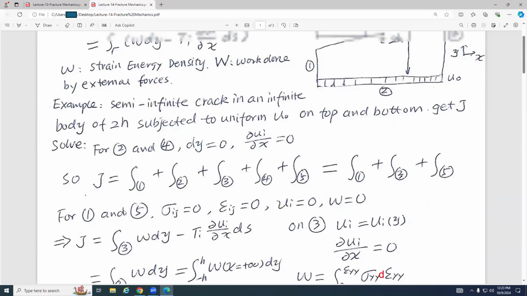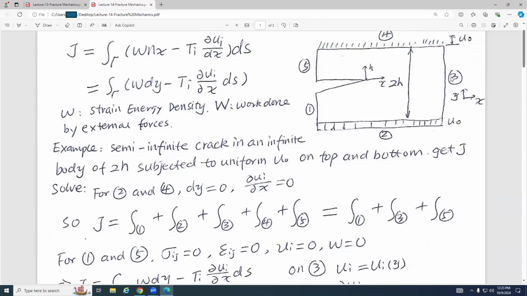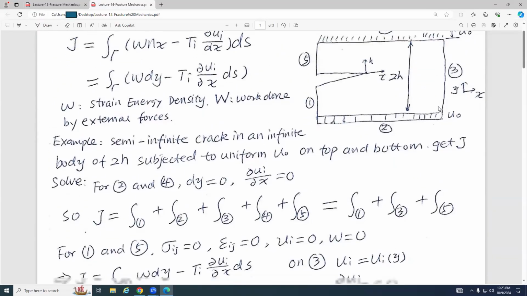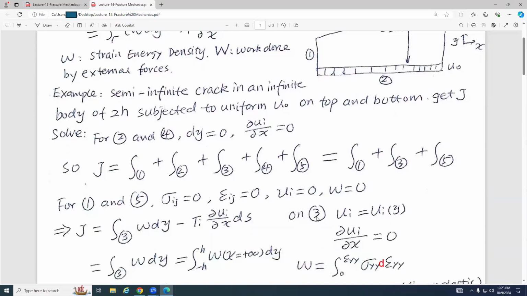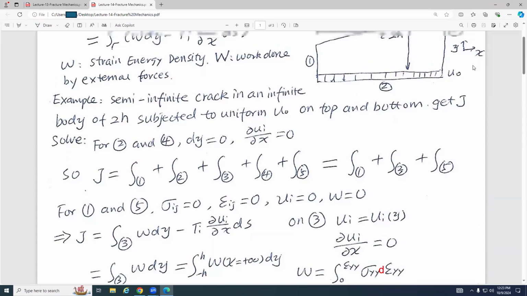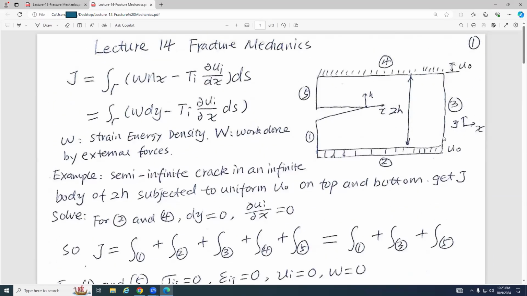The third segment is here. On the third segment, ui is a function of y. Do you guys agree? dui/dx equals 0 because x is fixed.